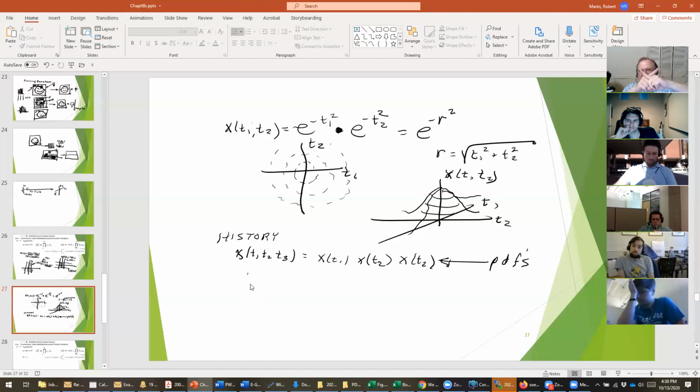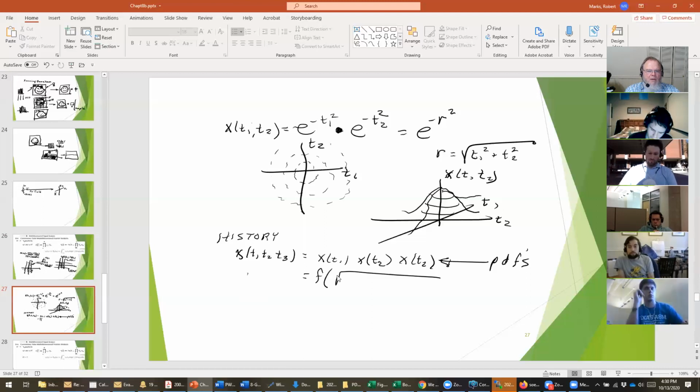And even then, they have to be independent of each other. So this means that the x of t1, t2 must also be a function of just the radius, of how far you are from whatever point you're looking at.